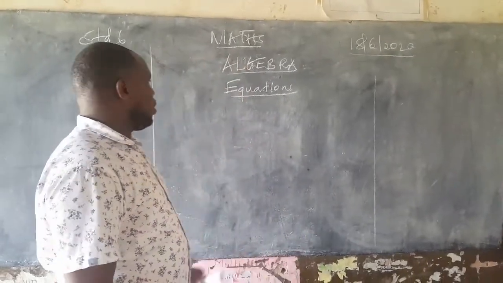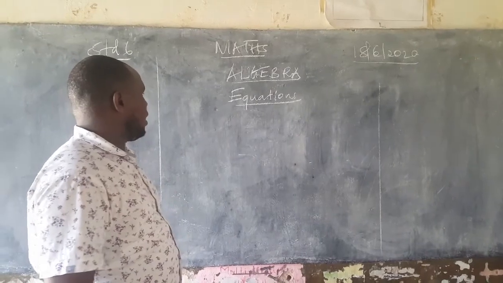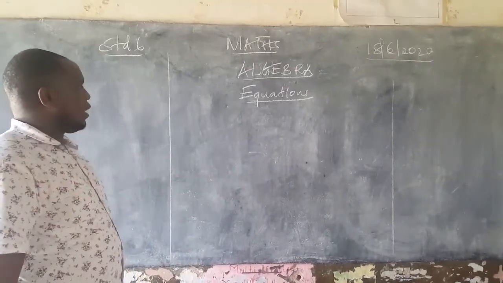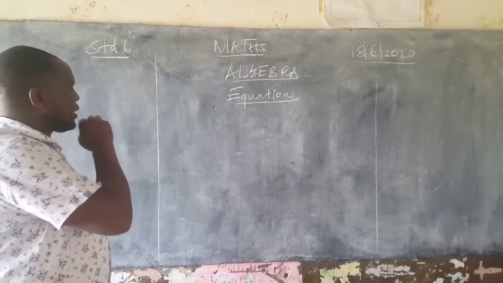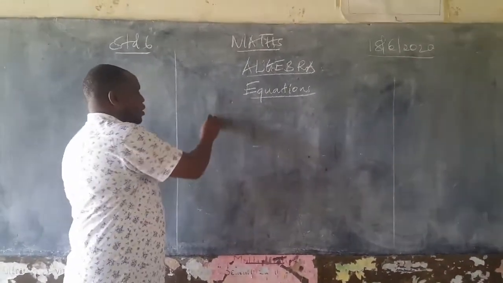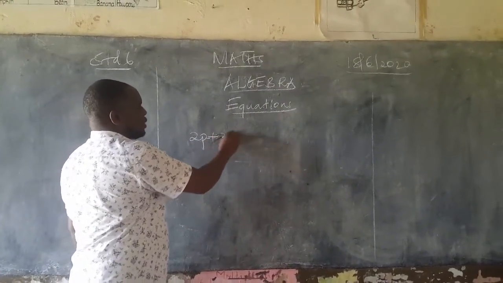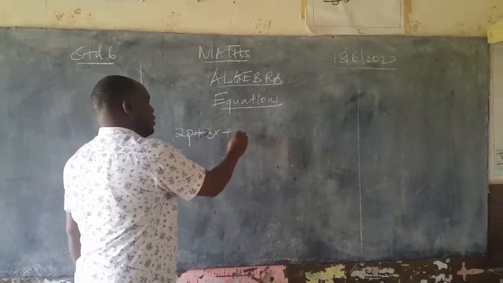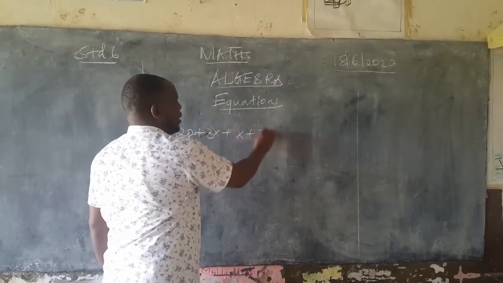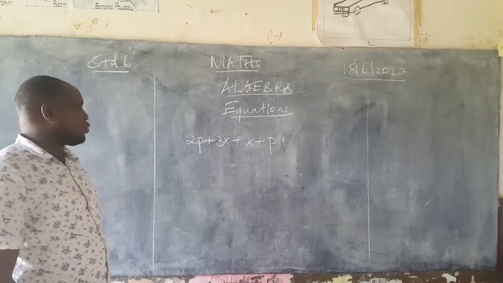Just to remind you what we did before we went for our compulsory holiday, we were doing some questions like 2p plus 3x plus x plus p, just like that, and I told the group to group like terms together.